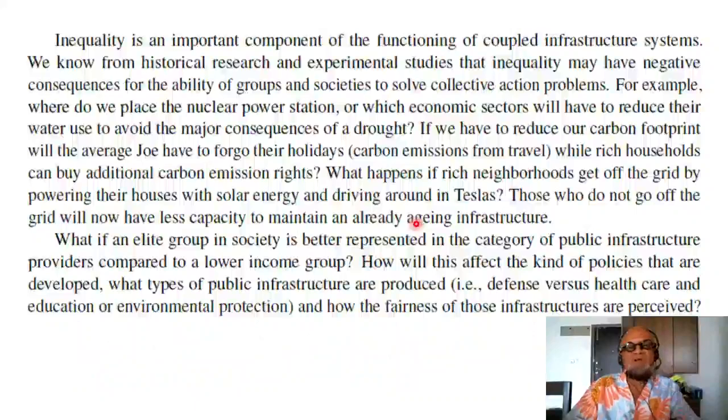Inequality is an important component of the functioning of coupled infrastructure systems. We know from historical research and experimental studies that inequality may have negative consequences for the ability of groups and societies to solve collective action problems.